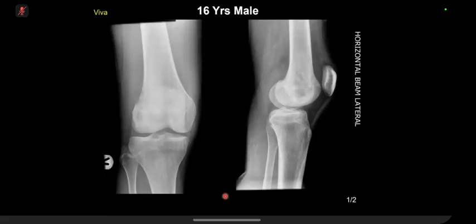I'm presented with lateral radiographs of the knee of a 16-year-old male patient who has fused epiphyses. There appears to be an abnormality centered on the distal femur, where it's quite ill-defined, but there seems to be some permeative bone loss within the medullary cavity, quite centrally located.